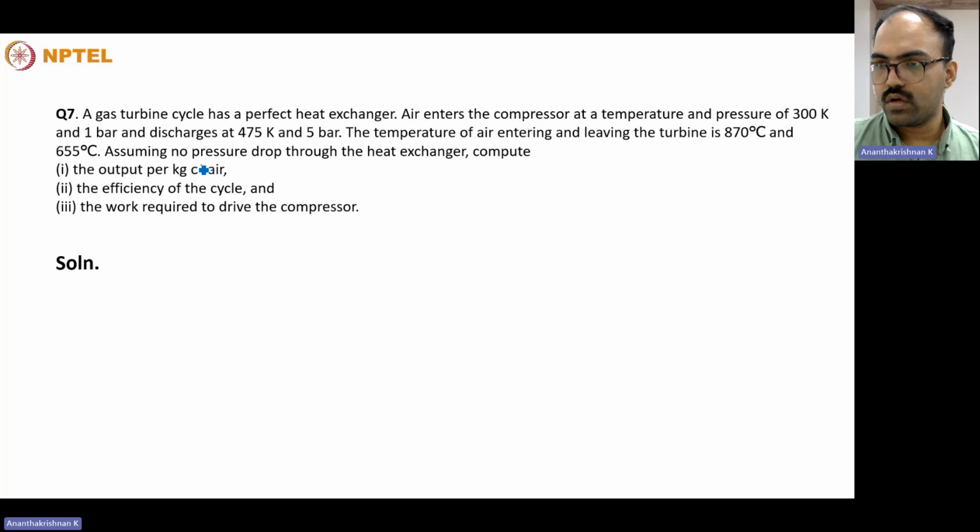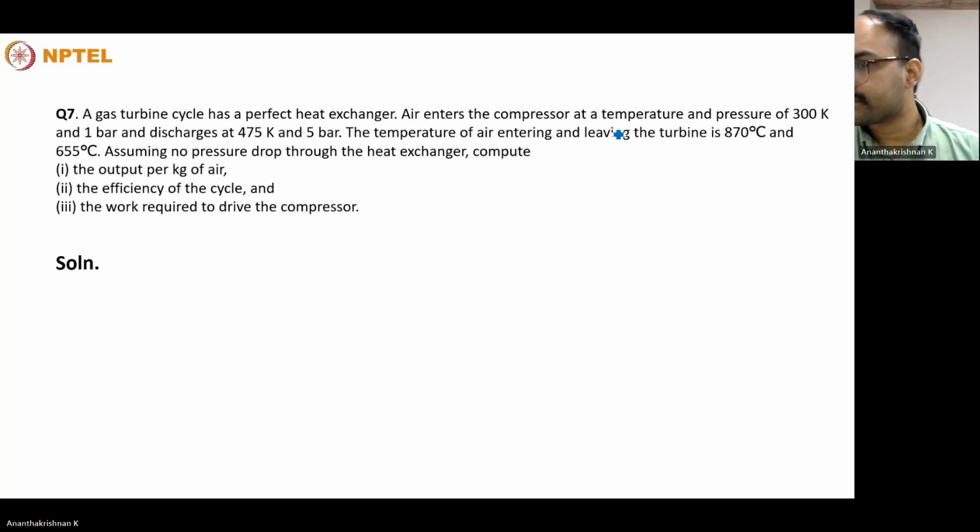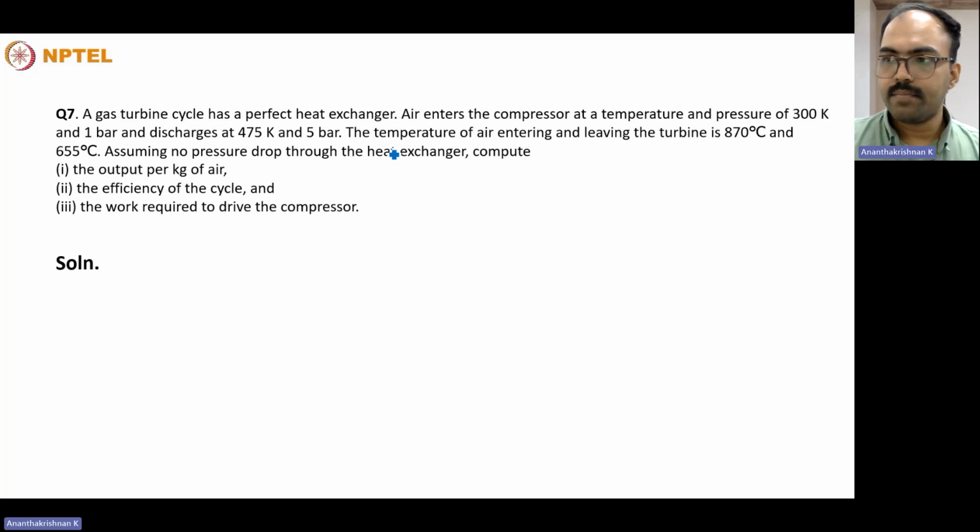Okay. So the question is on a gas turbine cycle. It has a perfect heat exchanger. Air enters the compressor at a temperature and pressure of 300 Kelvin and 1 bar and discharges at 475 Kelvin and 5 bar.